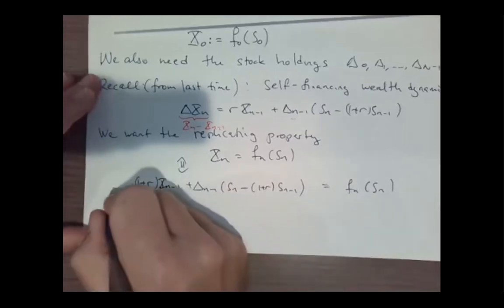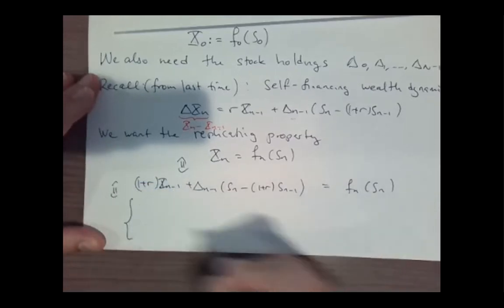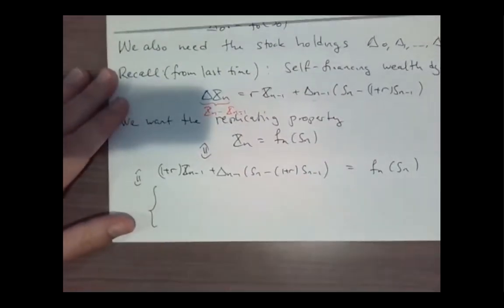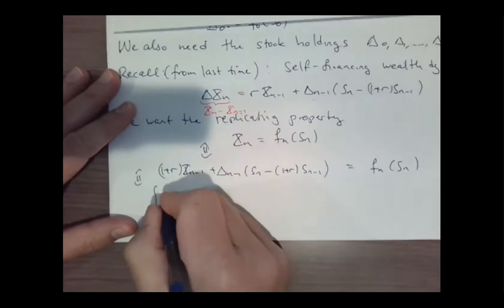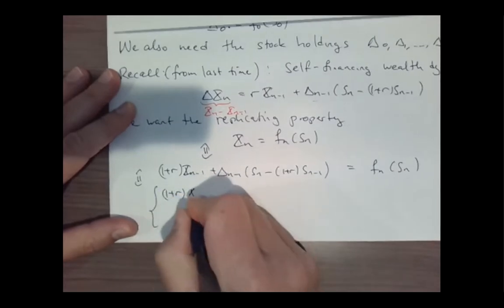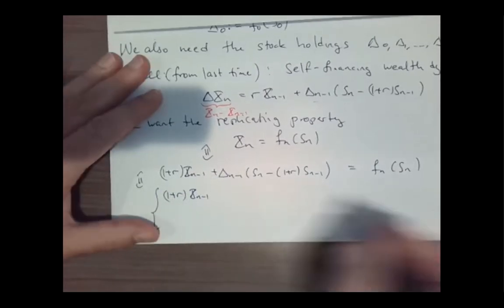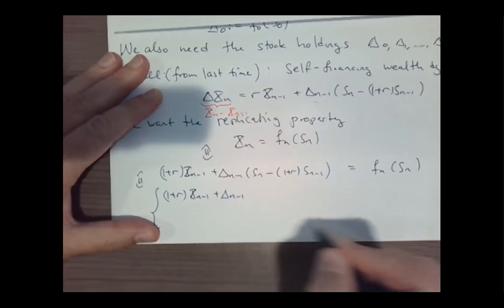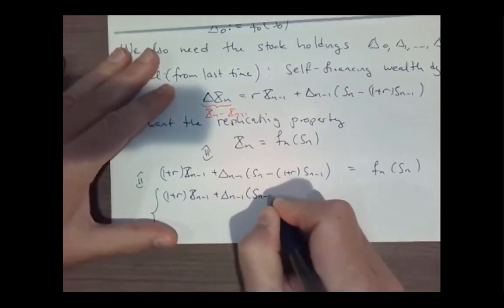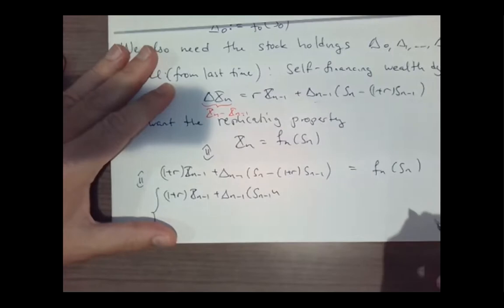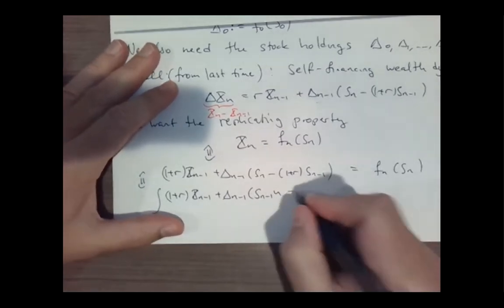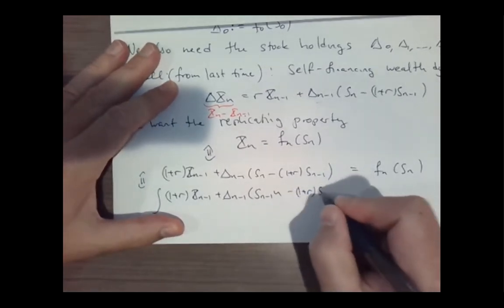So what I have here is really the same thing as two equations. I'll have 1 plus r xn minus 1 plus delta n minus 1, and then instead of s, I'll get Sn minus 1 times u minus 1 plus r times Sn minus 1.